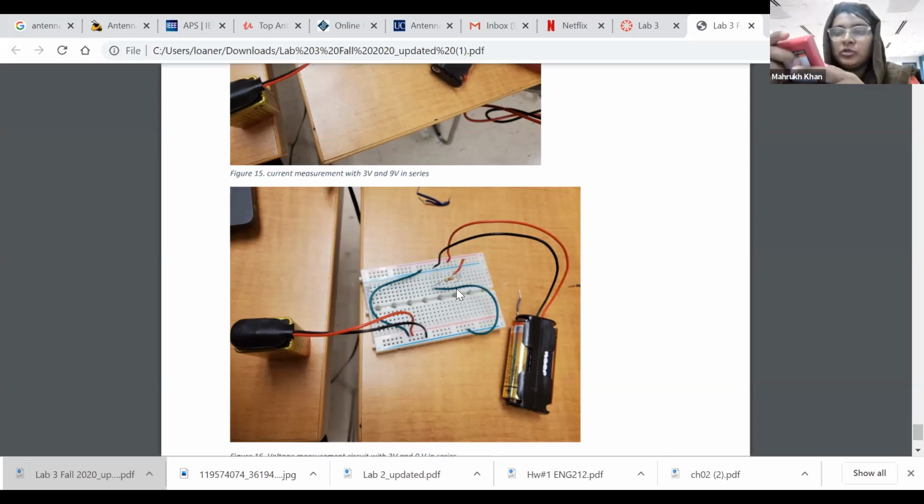Is it set to voltage or current? Can you check your multimeter? The 20 DC volts, yes, okay. Move your leads a little bit up on the resistor. It's not changing at all, the multimeter. No, I still get 0.